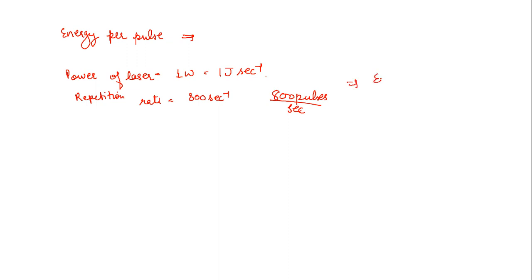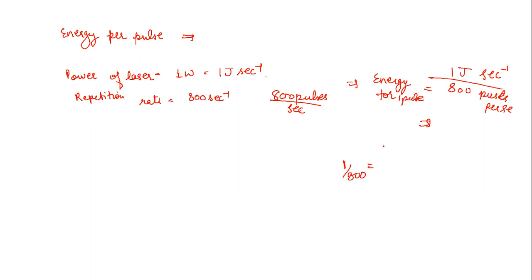What I want to find is the energy for one pulse. In 1 second the energy is 1 joule, and the number of pulses is 800 per second. Therefore, it will be 1 upon 800.